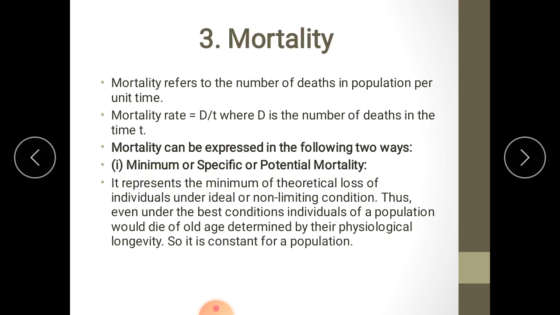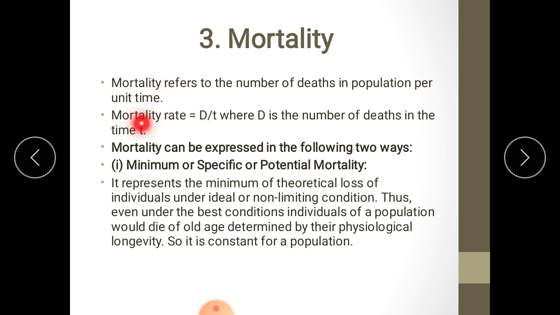So first let us discuss what is mortality. Mortality refers to the number of deaths in a population per unit time. Per unit time, how many deaths have occurred in a population. This is called mortality rate.